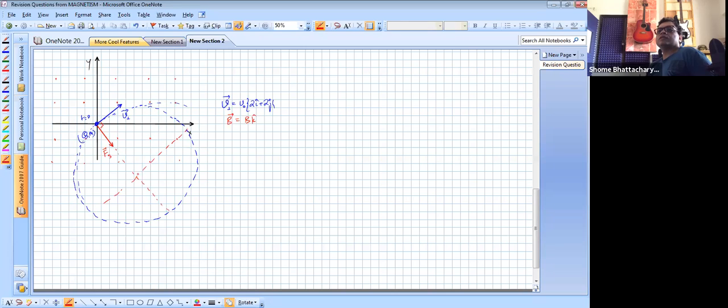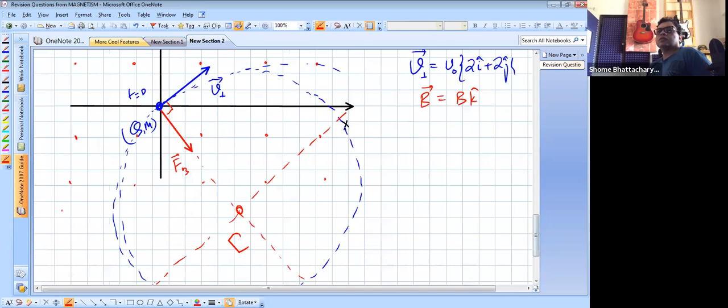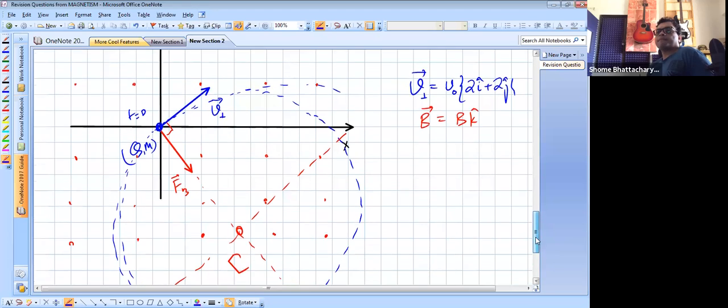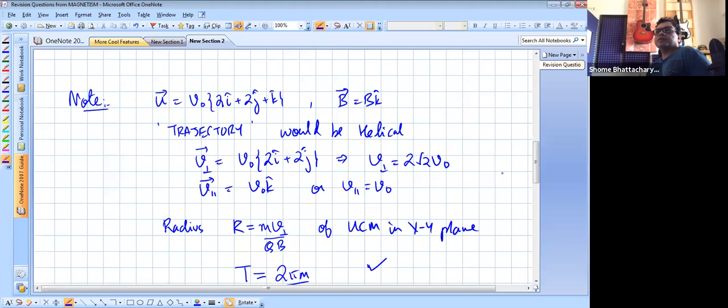The center of curvature is somewhere over here of the circular path. Okay, so roughly something like this. Whereas, as you know, it also has a component coming out of the plane. So this is the situation. Okay. So now, for example, we have all this data over here, time period and all this, we know.